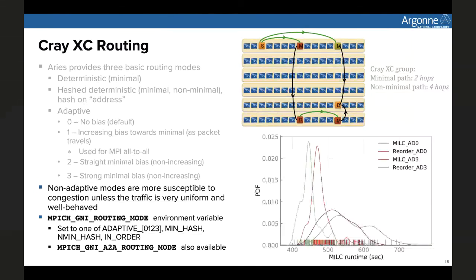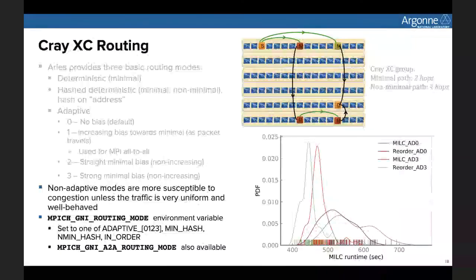We have seen from our testing that for some applications, especially communication-intensive applications, the defaults need not always be optimal. So the plot here shows a comparison of the default, AD0, and adaptive 3, which has a strong bias towards minimal routing.